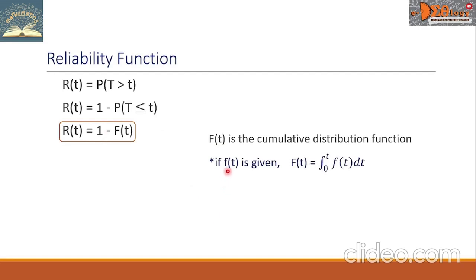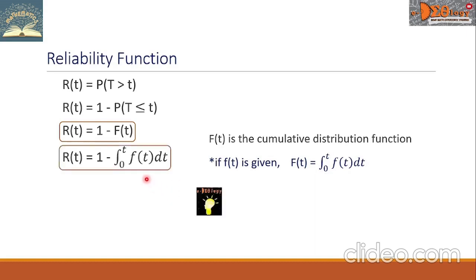Now, if small f of t is given, remember that this capital F of t is equal to the definite integral from 0 to t of small f of t dt. So this value of f of t we can substitute in here. So the formula becomes 1 minus this definite integral.